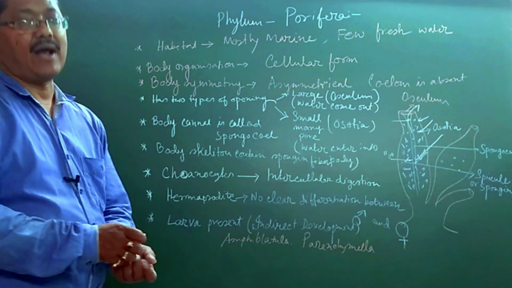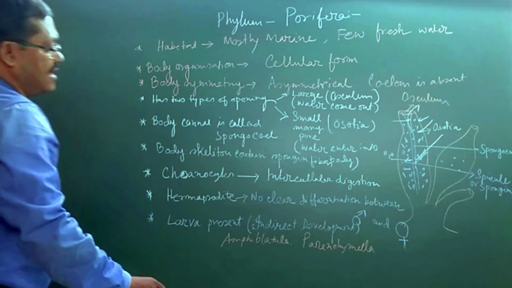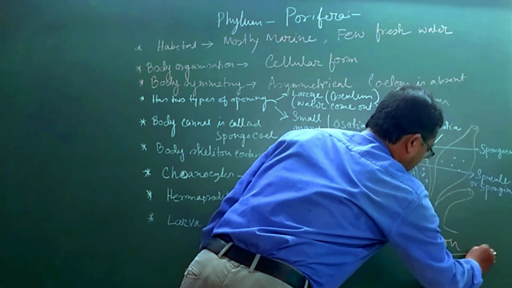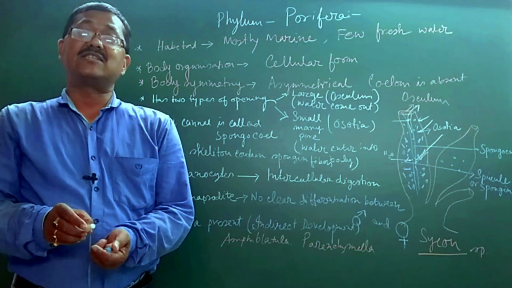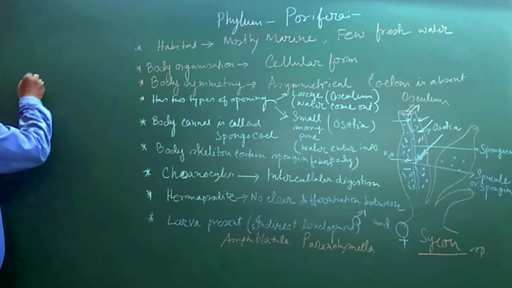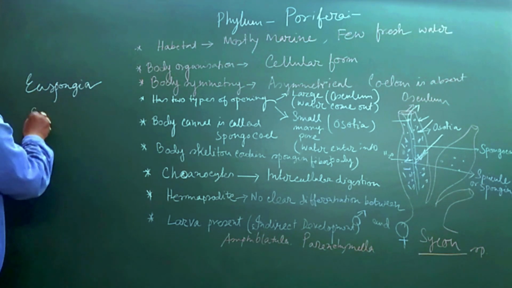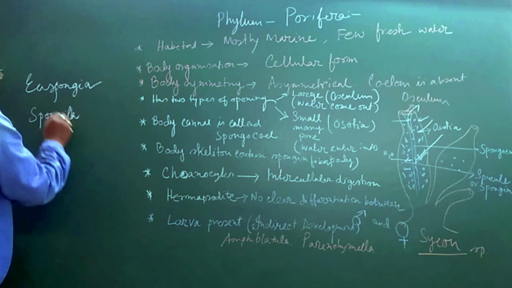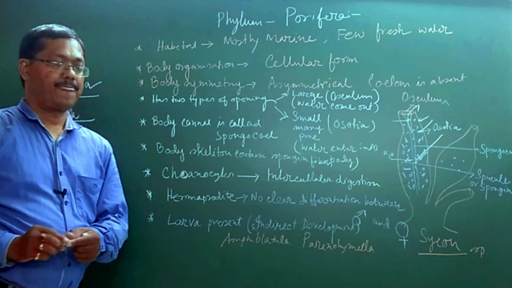Examples of Porifera: several types. This picture is Sycon. Euspongia and Spongia are two genera under this phylum.